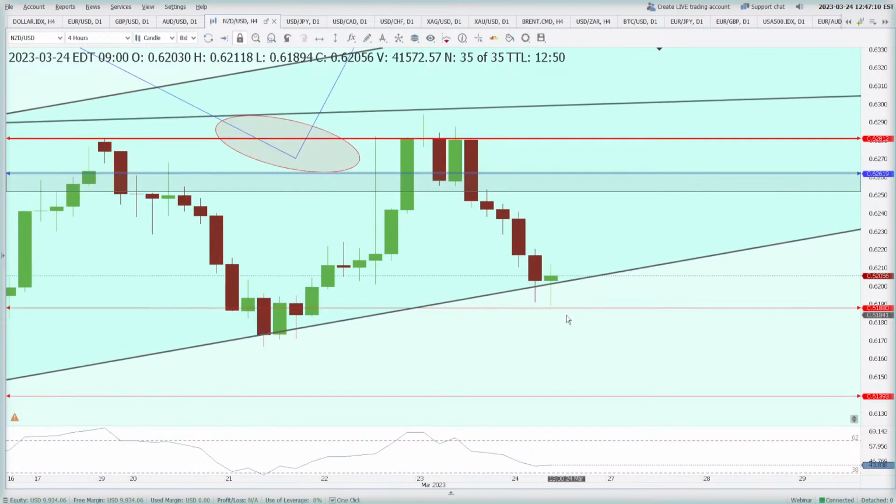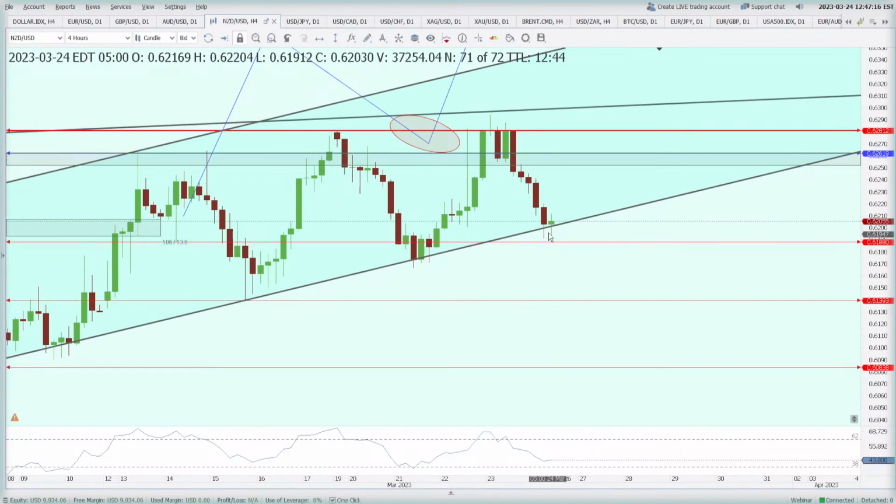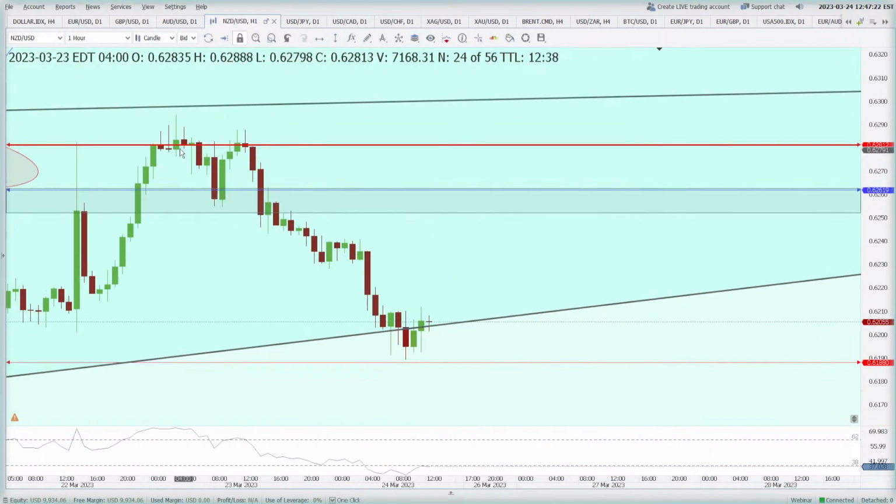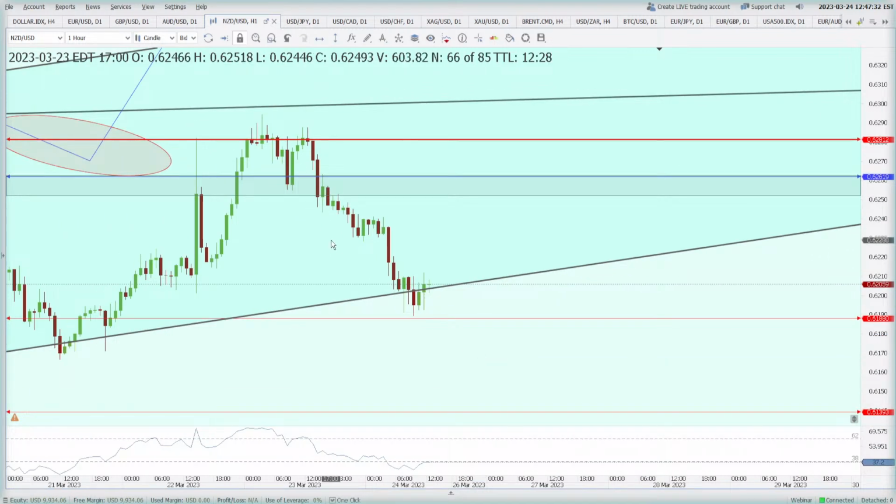The candle is about to close. It has not even tested the high of the previous candle, so the buying is there close to this level, but the buying is not that good. If you switch to 4 hour, maybe you will know more about it. So you see the price went here, then there was buying. Yeah, the structure on the 1 hour is broken, so now I am in a dilemma about what is going to happen.